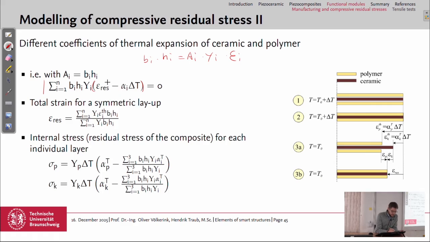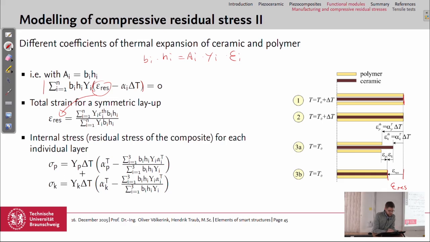Then we can transform it to this and have an equation for the total strain of the symmetric layup, which is the strain here, the shrinkage between the initial state at high temperature compared to the cured state of the connected layers.